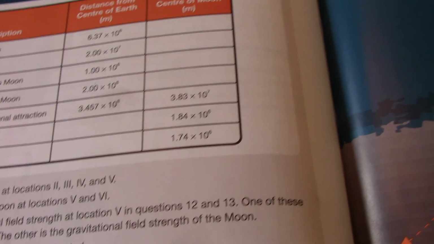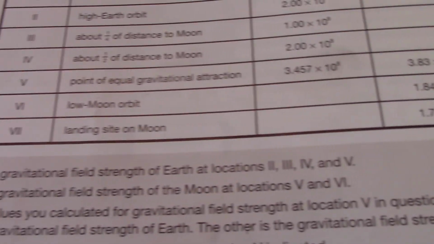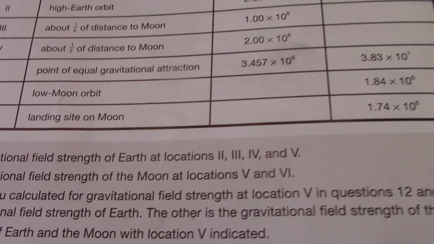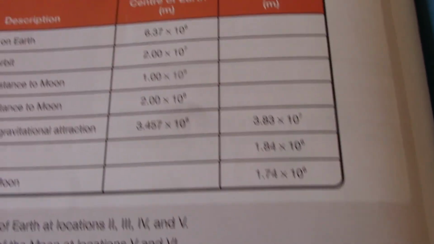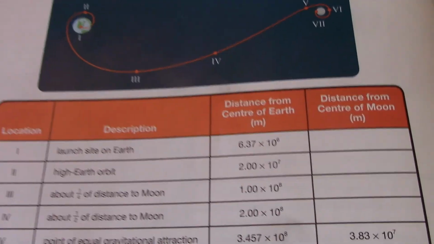Let's look at some of these questions. Calculate the gravitational field strength of Earth at locations 2, 3, 4, and 5. So let's look at 2.